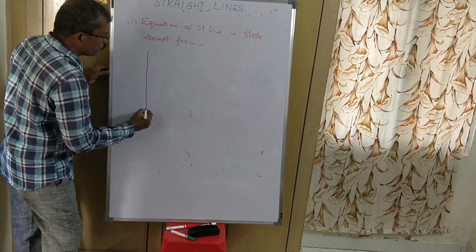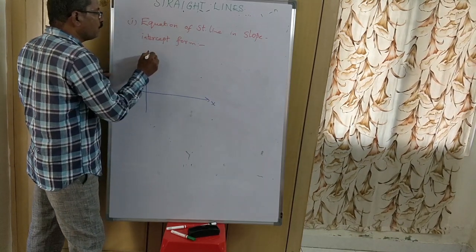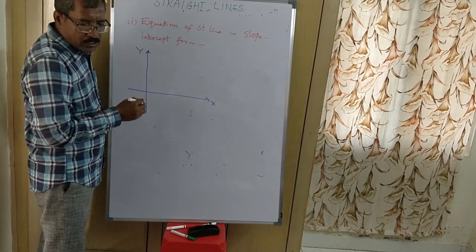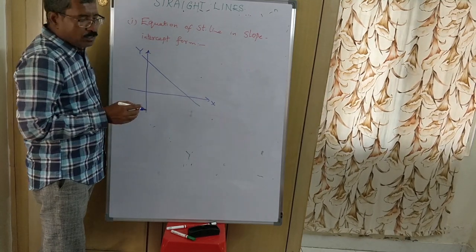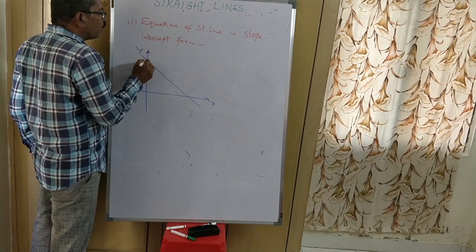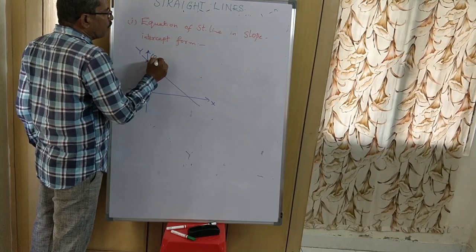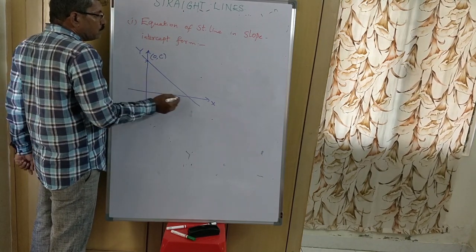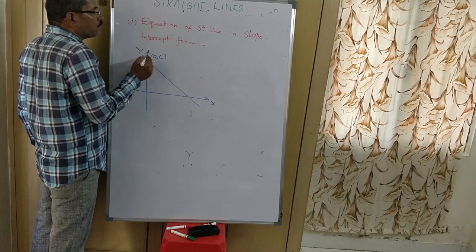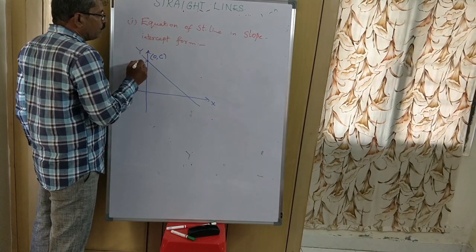See here, x-axis, y-axis, my line is like this, and I know one of the intercepts, say 0 comma c. That means this straight line intersects the y-axis at 0 comma c.